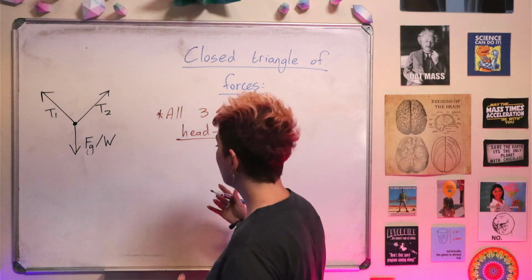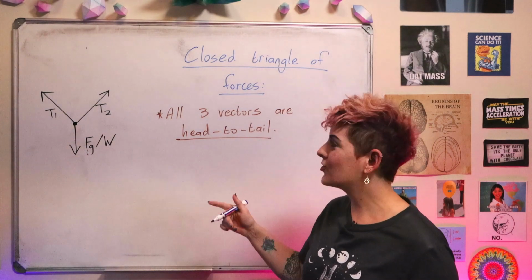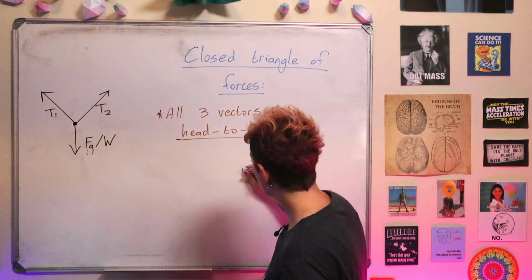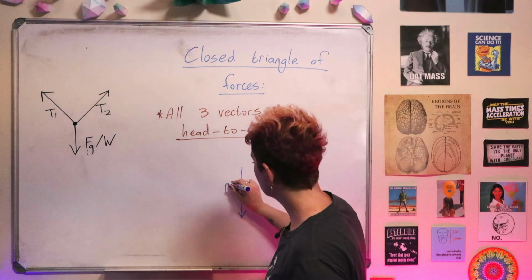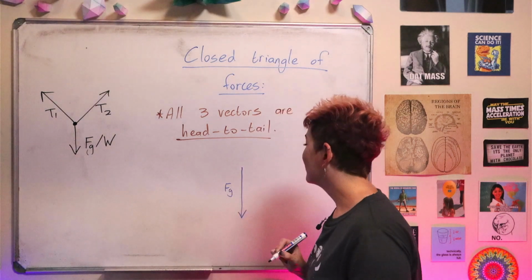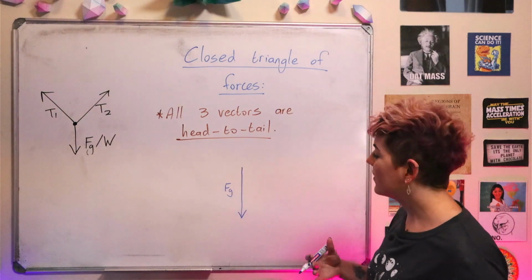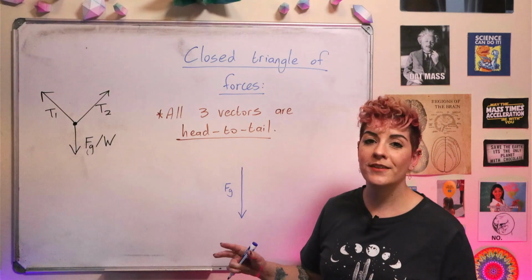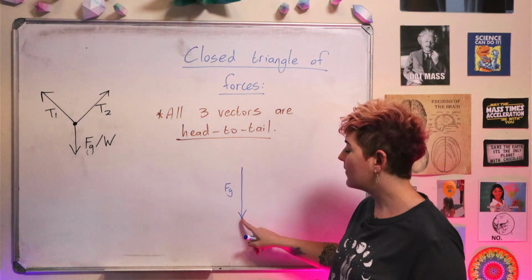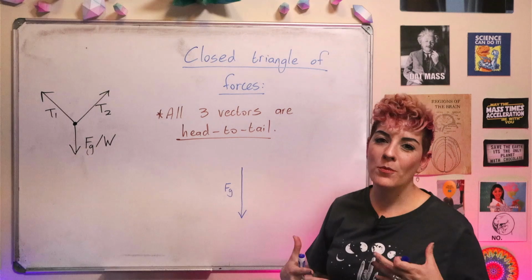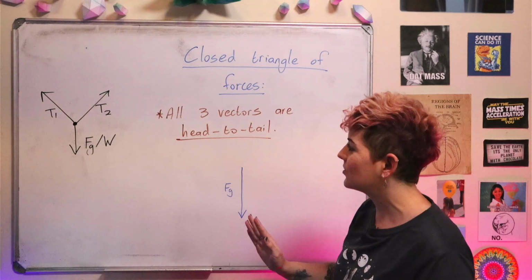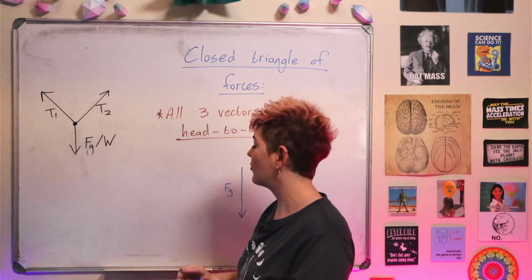Okay, so for my first possible closed triangle of forces, I'm going to draw my force of gravity going straight down like so. Now, I need to draw the next force starting with its tail at the head of Fg. Now, I can pick T1 or T2, but for my first version, I'm going to do T2 going in this direction here.